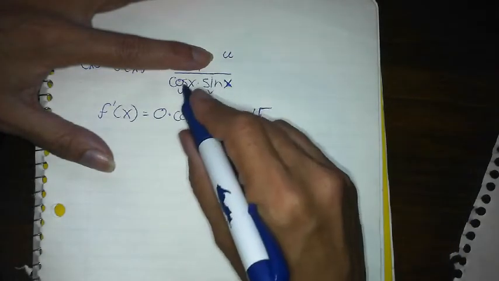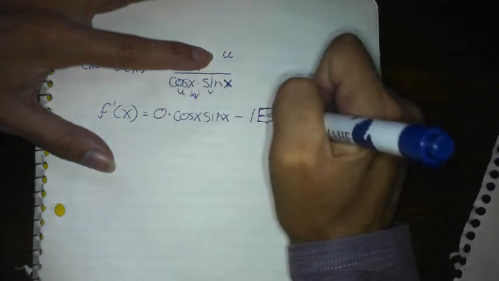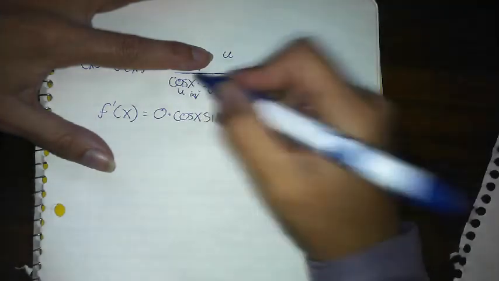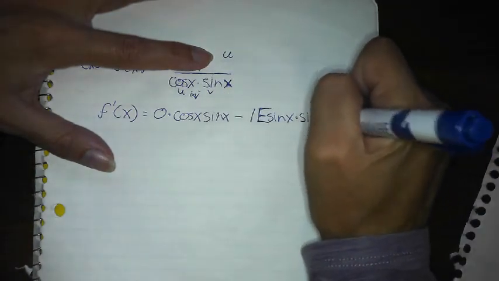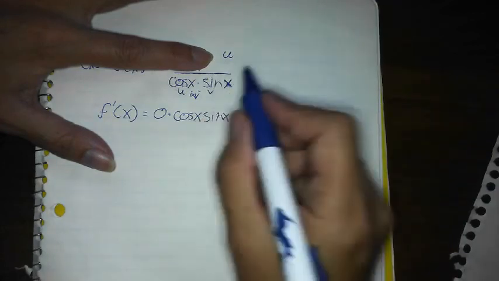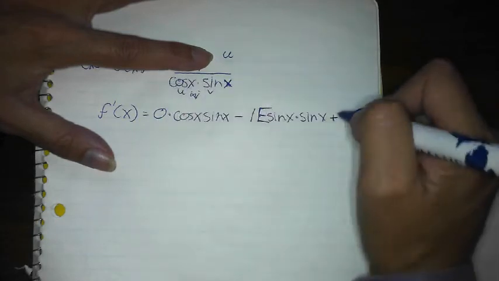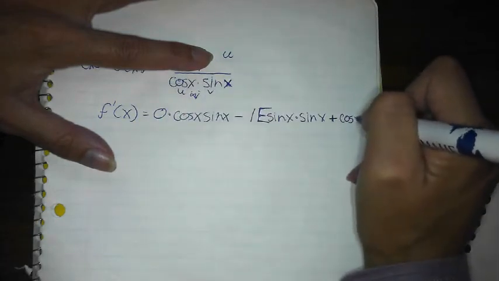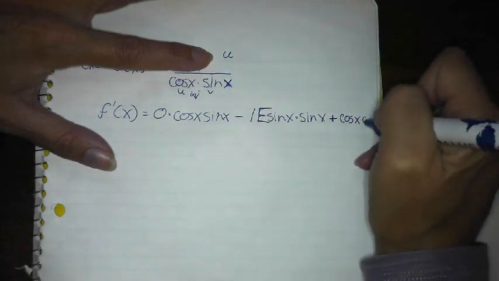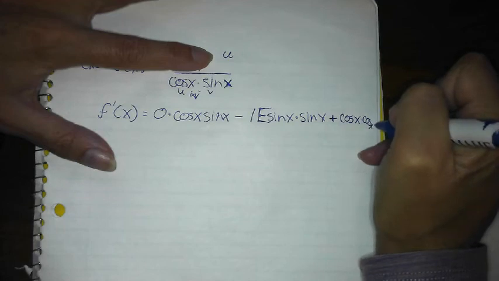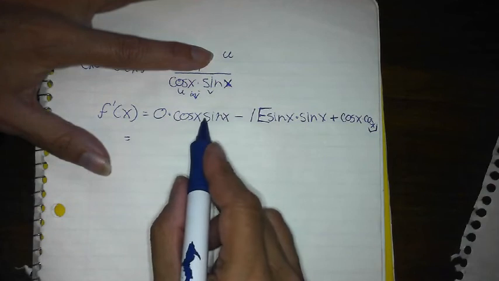Starting, product rule. U prime, so the derivative of cosine is a negative sine. Angle's 1. Times the v, that's another sine. That's the v. Plus, keep your u. Derivative of the v is a cosine x. So that zeroes out, that's gone.